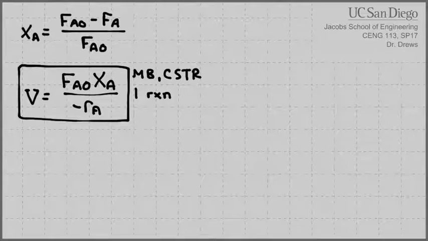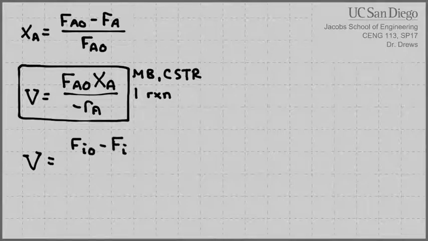You don't have to write these in terms of A. If you need any of the flow rates of anything else, you can rewrite the volumetric term that we saw before. So generally the volume is going to be equal to F of any species I minus F sub I over minus R sub I, whatever the rate is for that particular reaction.